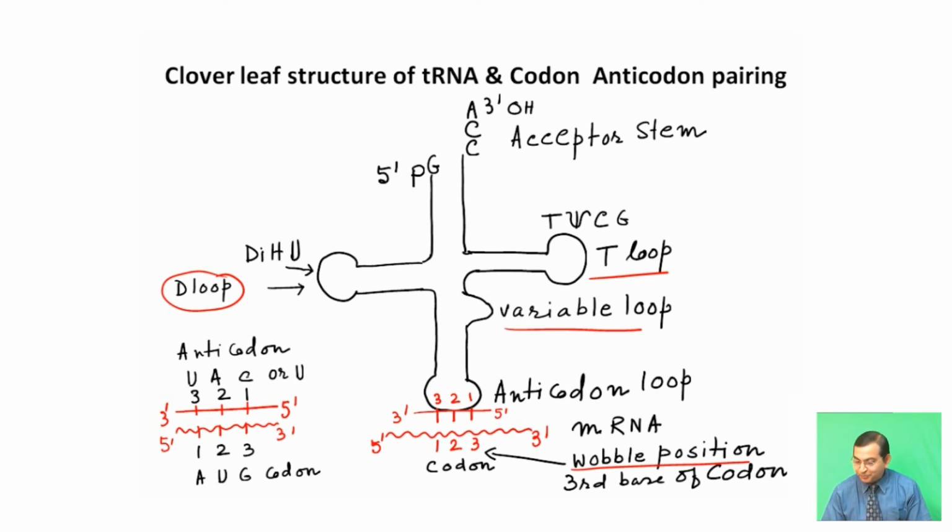As an example, suppose AUG is the starting codon, then the anticodon will be UAC or UAU. This is the way by which codon anticodon pairing occurs and decoding of genetic information takes place.